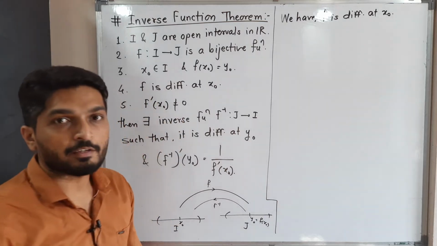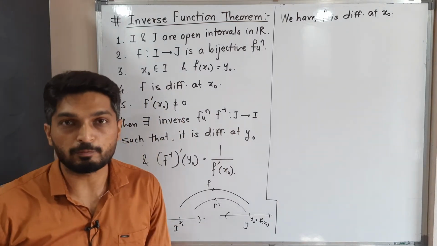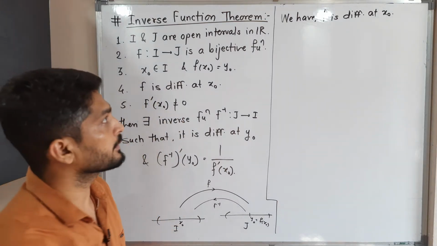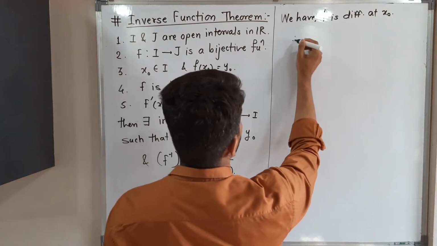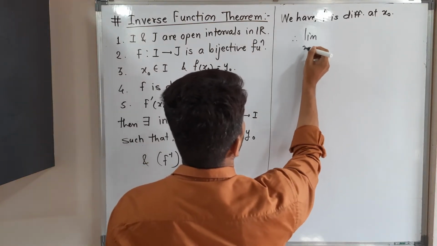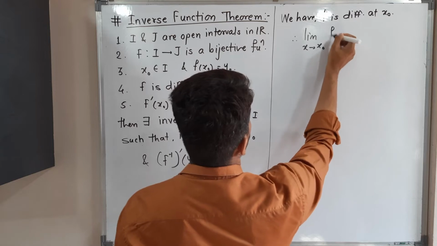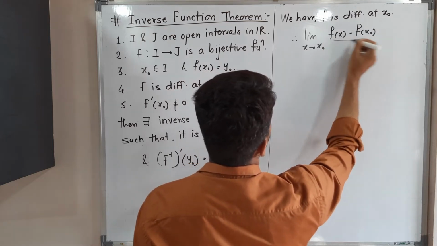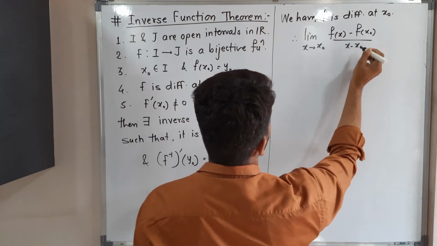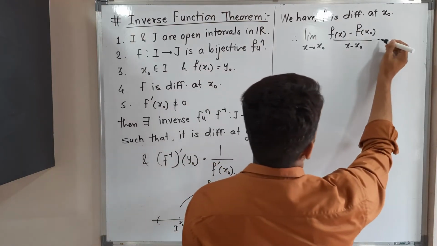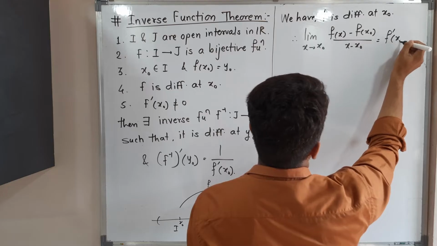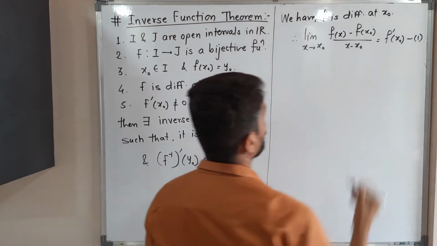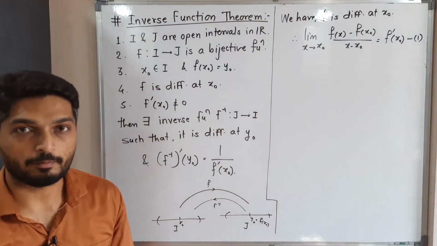You are familiar with the definition of a differentiable function, and I will simply apply it. Differentiable at x naught, therefore the limit as x tends to x naught of (f of x minus f of x naught) divided by (x minus x naught) exists and is nothing but the derivative of f at x naught. This is a very important thing, so I am calling it equation number 1.